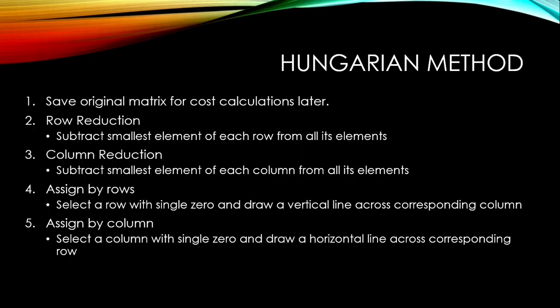The traveling salesman problem can be solved using Hungarian method. These are the steps of Hungarian method. We save the original matrix for cost calculations later, and then we modify the matrix for obtaining an optimal solution. First step is row reduction, then column reduction, then we make assignments by rows, followed by assignment by columns.